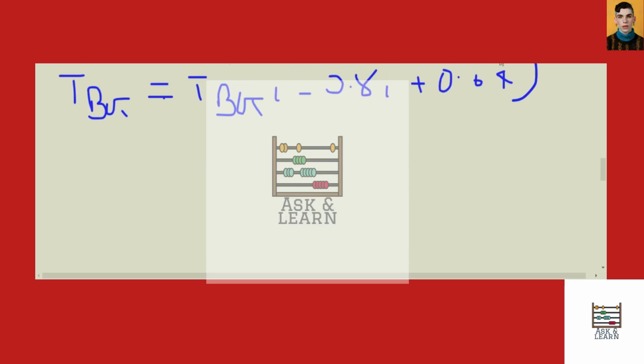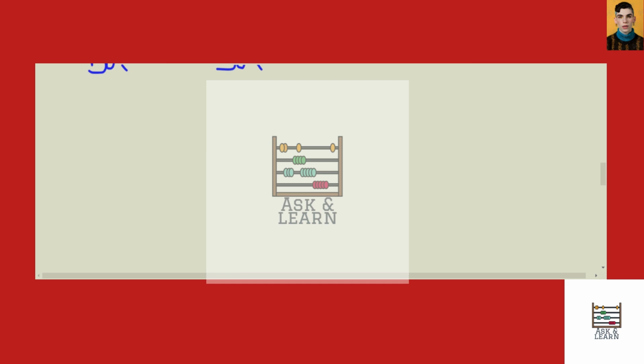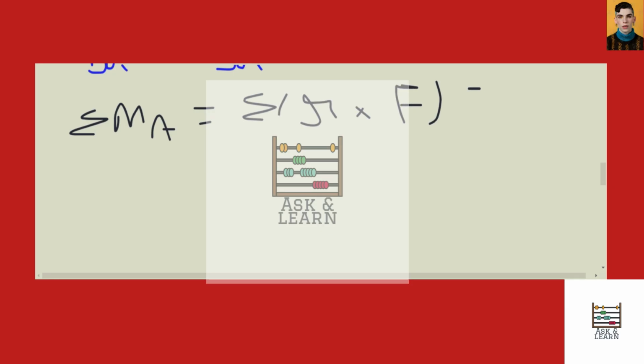Now, as we know, the sigma M is equal to 0, that means M is equal to r cross F. Moving further, sigma MA is equal to sigma r cross F is equal to 0.